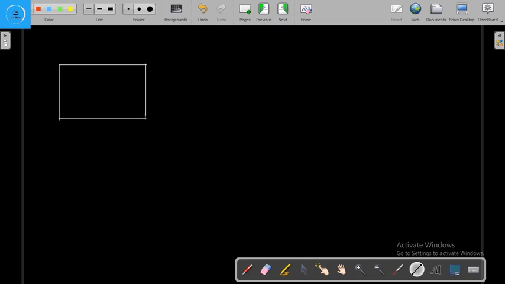This is the p-type semiconductor and this is the n-type semiconductor.